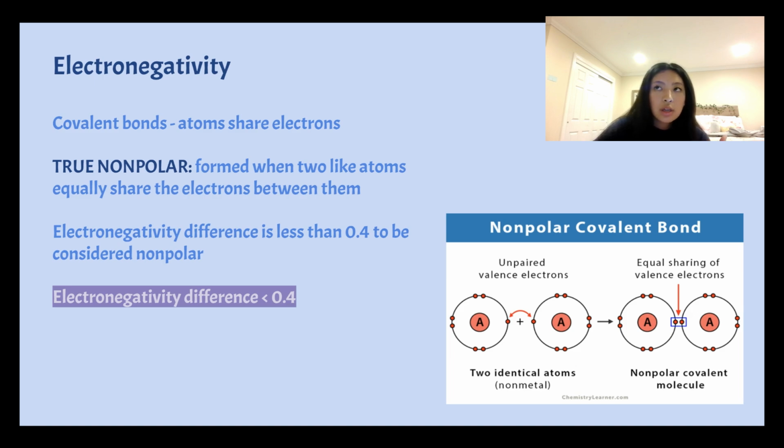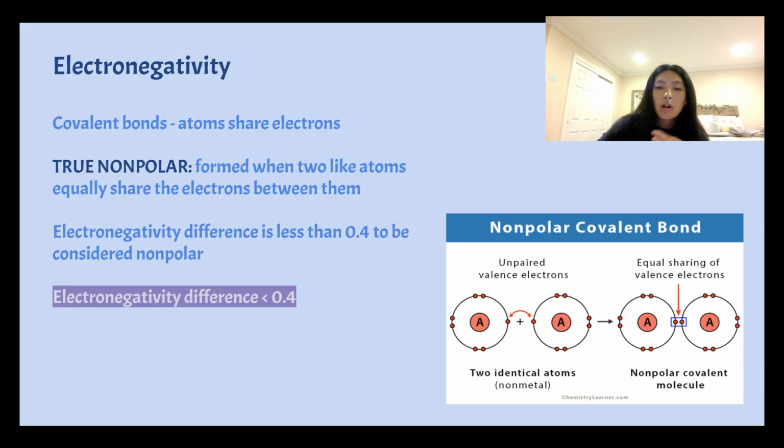So this means you could look at diatomic elements. So let's talk about hydrogen gas. Hydrogen gas is between a hydrogen and another hydrogen bonded together covalently.